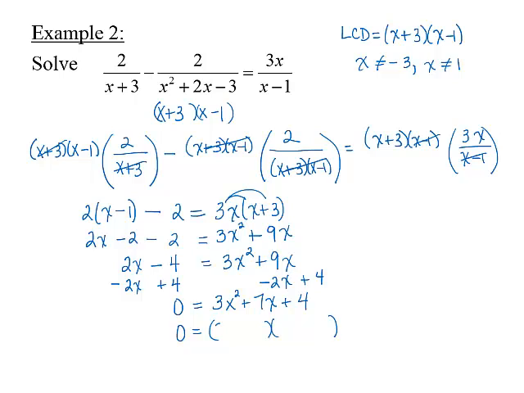3x squared is 3x times x. To get the 4, we can put the factors of 4 and 1, and we check that the outer is 3x, the inner is 4x, and those do combine to be 7x. All signs are positive.